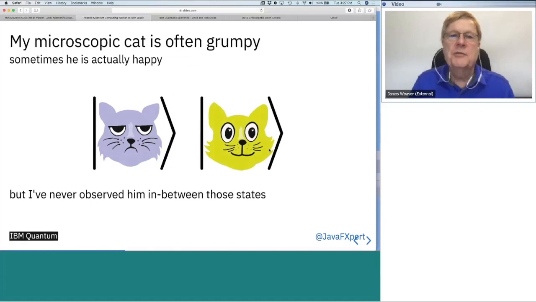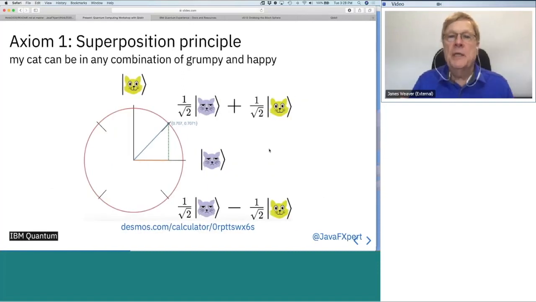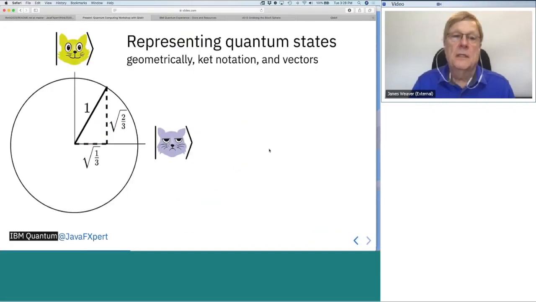And so that brings me to the first principle, and that is the superposition principle. My cat can be in any combination of grumpy and happy. So if I've got a unit circle here, the unit circle meaning from the origin to the edge of the circle is 1, a length of 1.